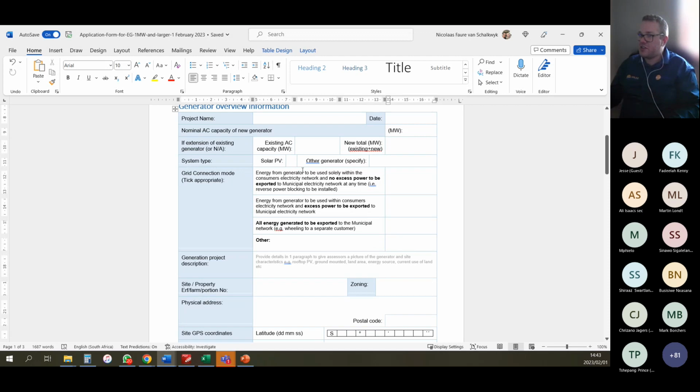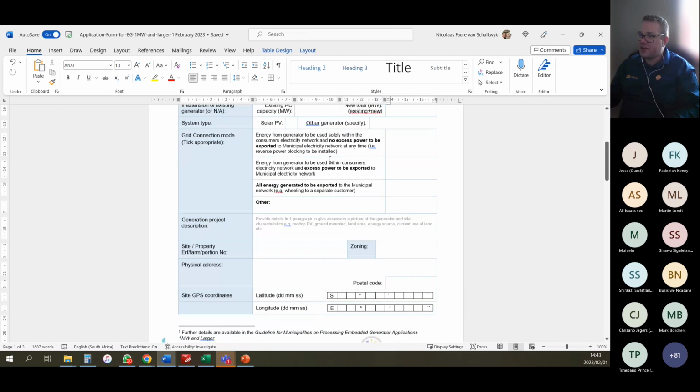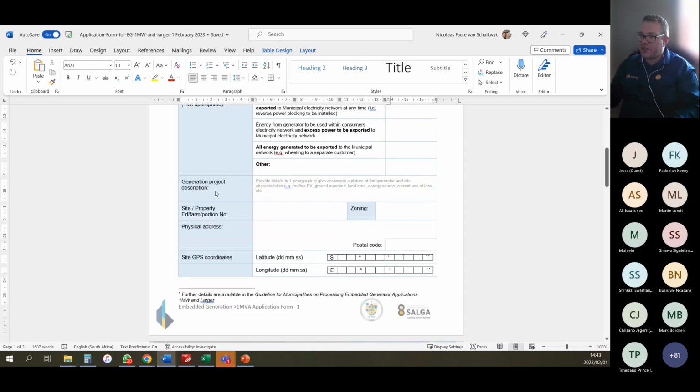Okay, so let's continue. There you need to indicate what's the system type, if it's PV or something else. Is it going to export power? Is it going to limit the export power, or is everything going to be exported? Very similar to the SCG form. And I think this is in addition to the operation philosophy.